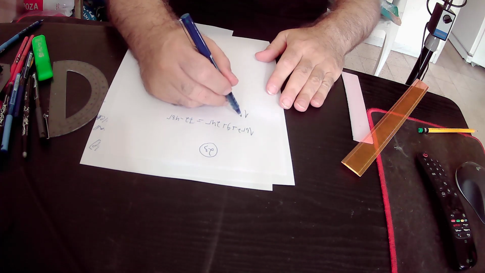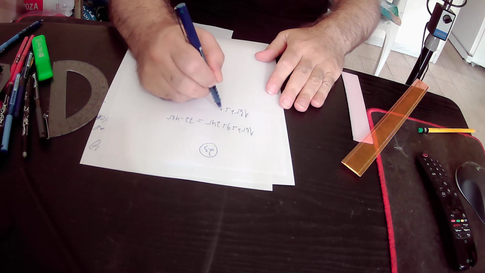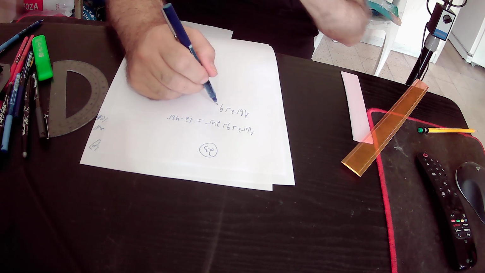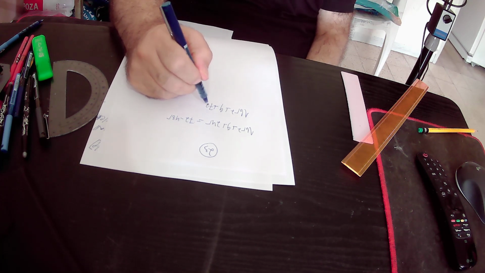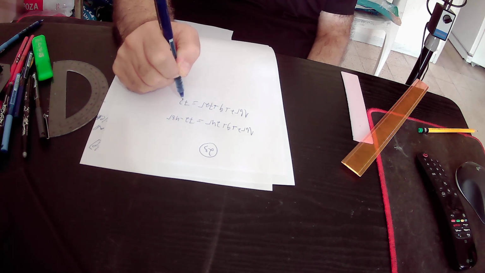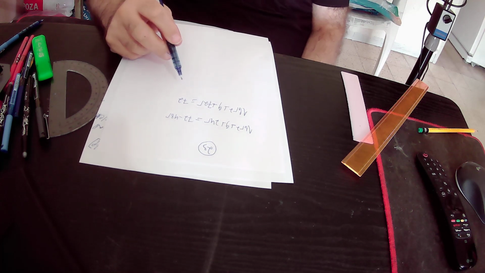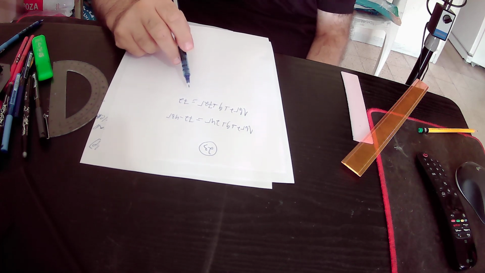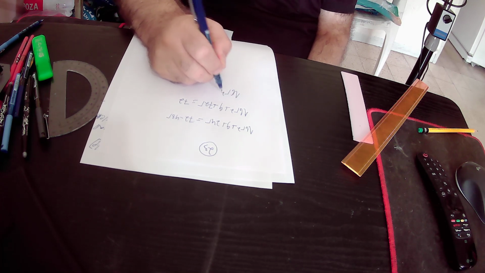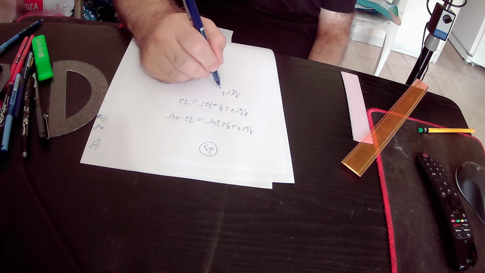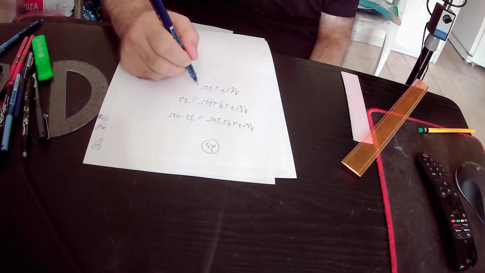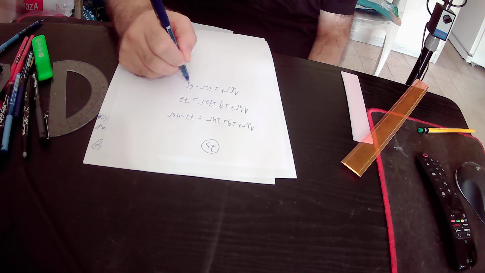We will get that 16r squared plus 9, 48 plus 24 is 72r. Here we will subtract 72 from this equality. We will get that 16r squared plus 72r, and 9 minus 72 is minus 63, equals 0.